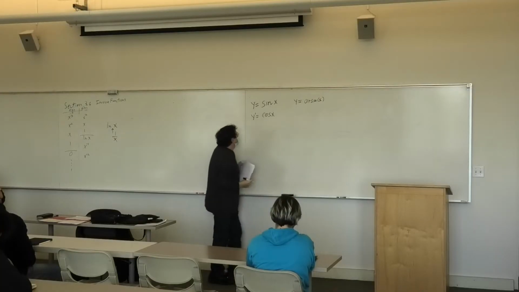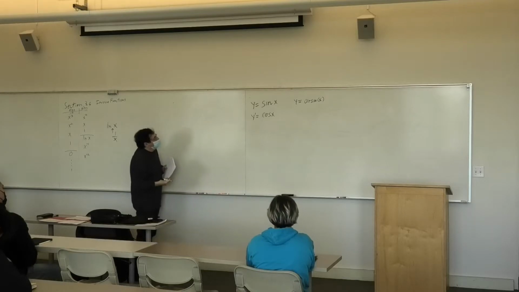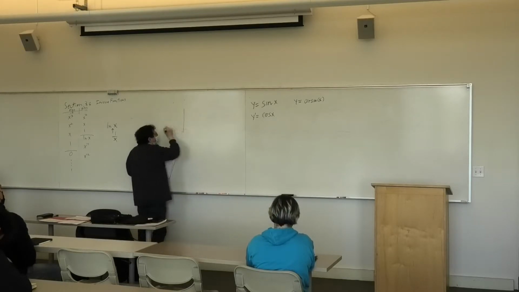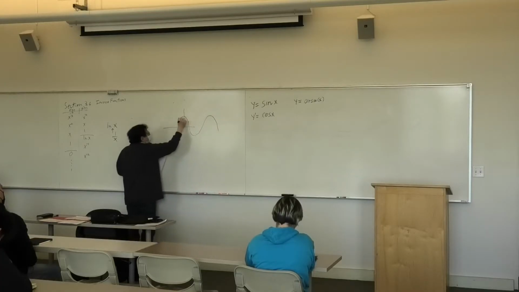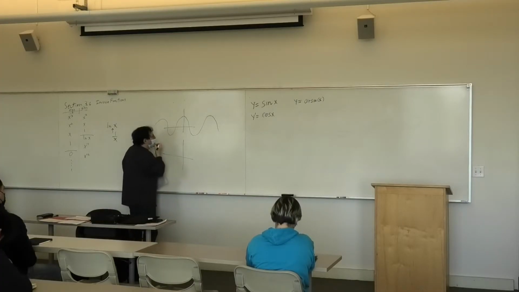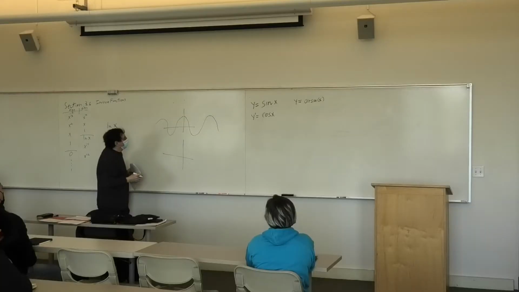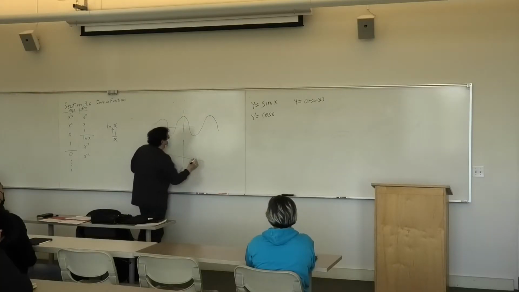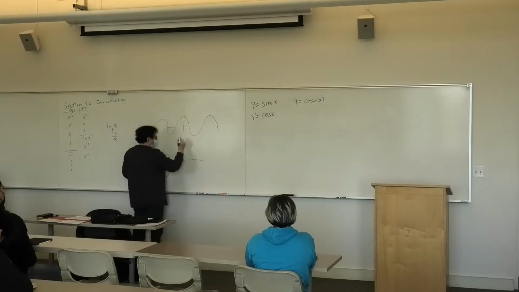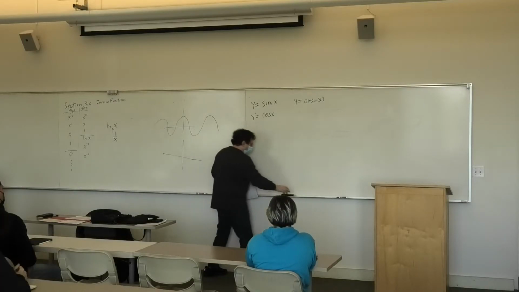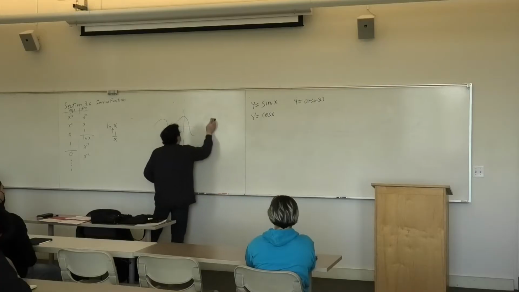Now, I guess I need to say a little bit about the arc sine. The sine function is a periodic function. It goes on forever. But to have an inverse, we have to restrict its domain, because otherwise you wouldn't get a function. So I do a cosine. Try sine.